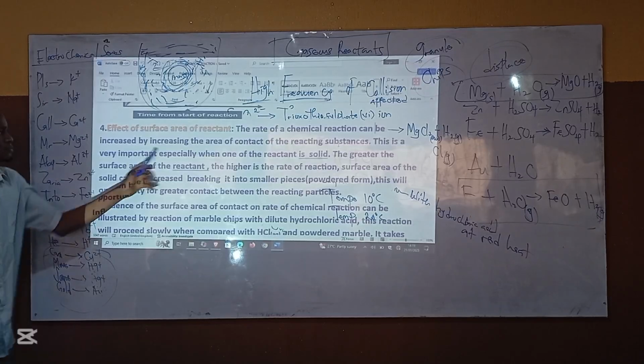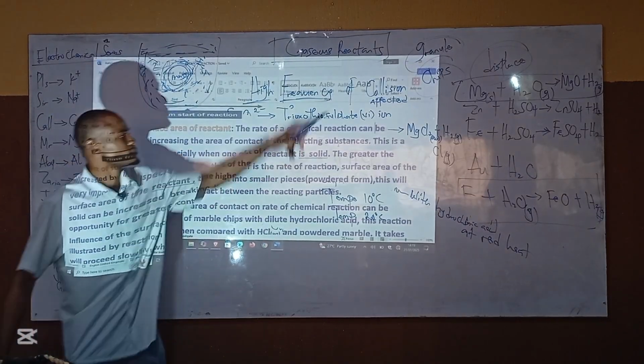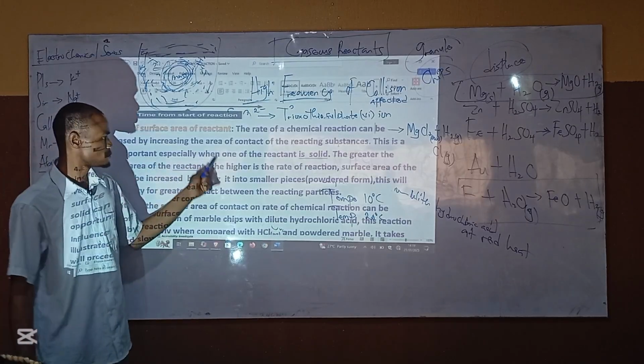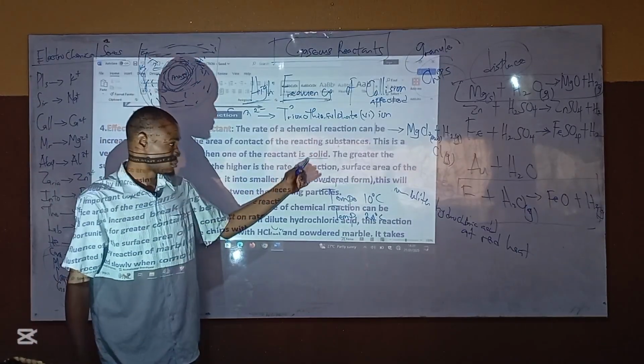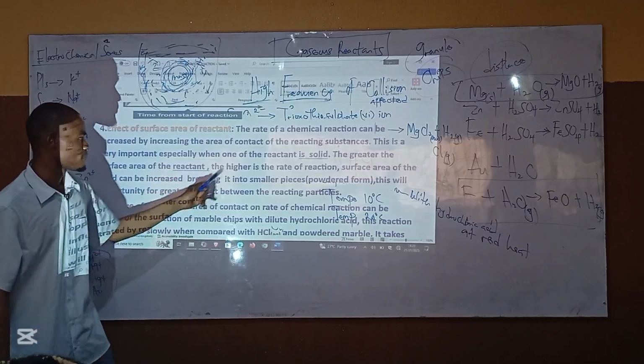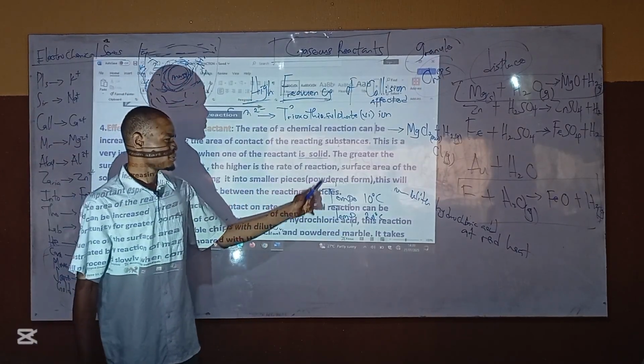The rate of reaction increases by increasing the area of contact of the reactive substance. This is a very important point. The larger the surface area of the reactant, the higher the rate of reaction.